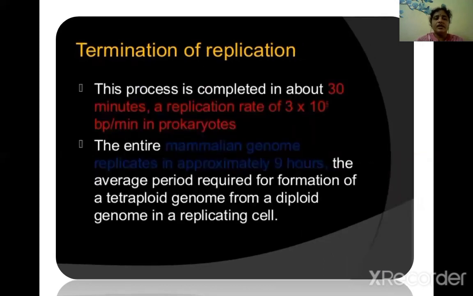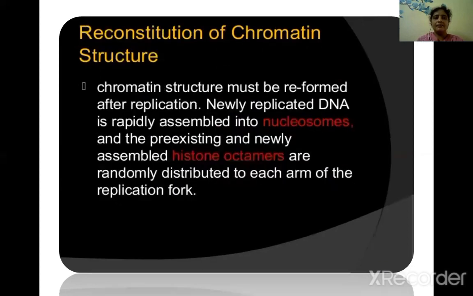Next, the termination of replication is completed in about 30 minutes, with a replication rate of 3 times 10 to the power of 5 base pairs per minute in prokaryotes. The entire mammalian genome replicates in approximately 9 hours, the average period required for a tetraploid genome from a diploid genome in a replicating cell.